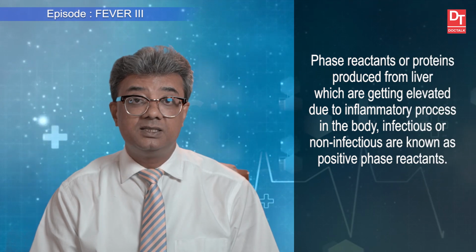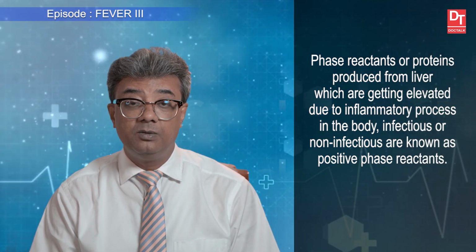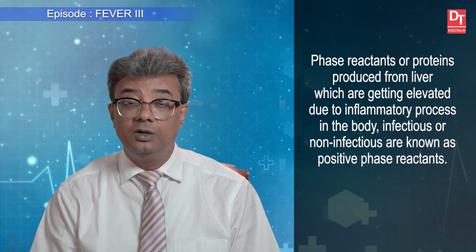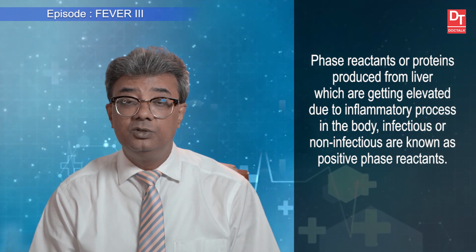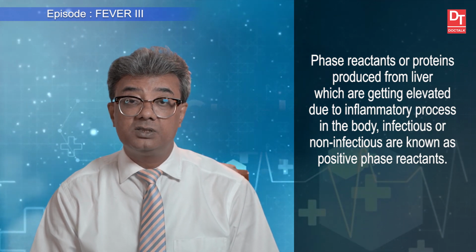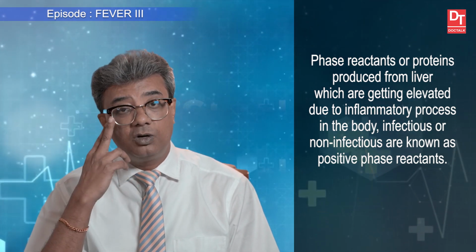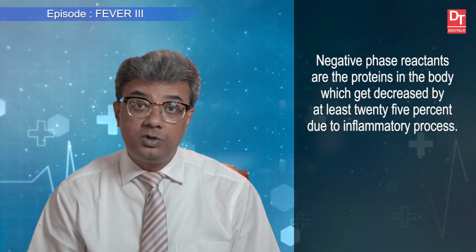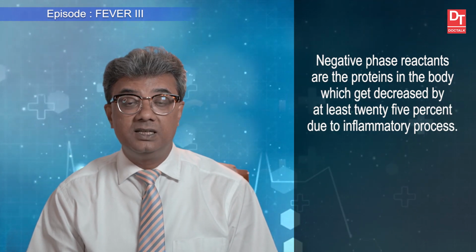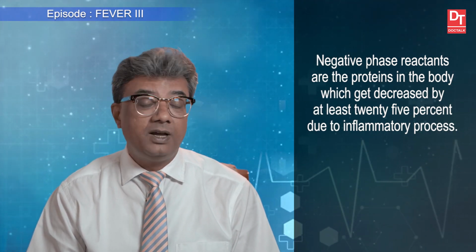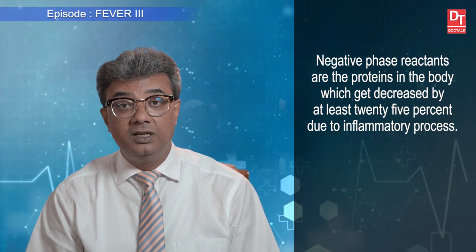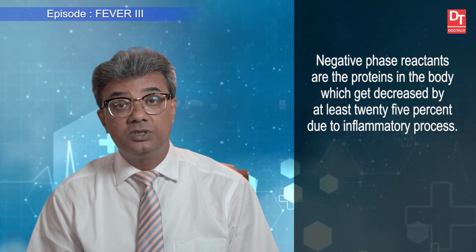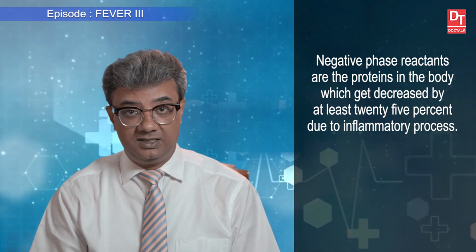Phase reactants, that means proteins produced from liver, which are getting elevated due to any inflammatory process in the body, infectious or non-infectious, are known as positive phase reactants. And what are negative phase reactants? Negative phase reactants are proteins which are decreased by at least 25% in the body due to inflammation. Those are known as negative phase reactants.